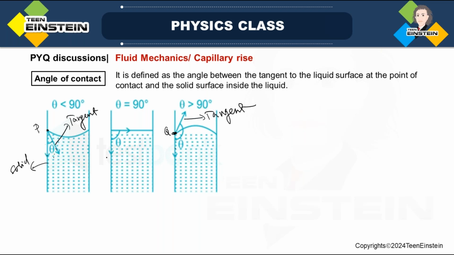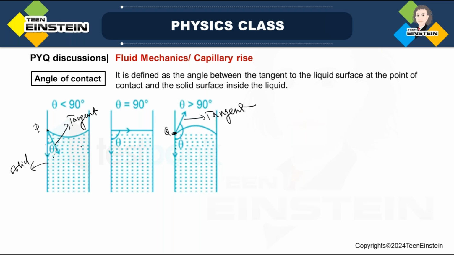Now look, this angle of contact can be an acute angle, that means less than 90 degrees, it can be equal to 90 degrees, or it can be greater than 90 degrees. Depending on the value of the angle of contact, we can have different types of meniscus or the top surface of the liquid.